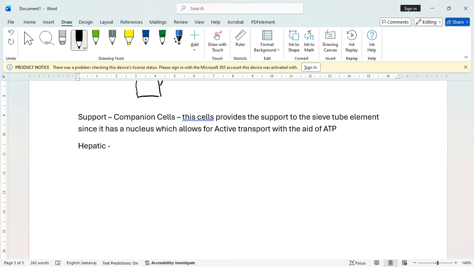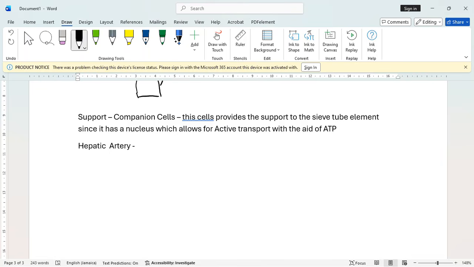Once we hear hepatic, it's the liver. Which one is for the kidney? Renal. All right. So renal for kidney, hepatic, liver, pulmonary, the lungs.